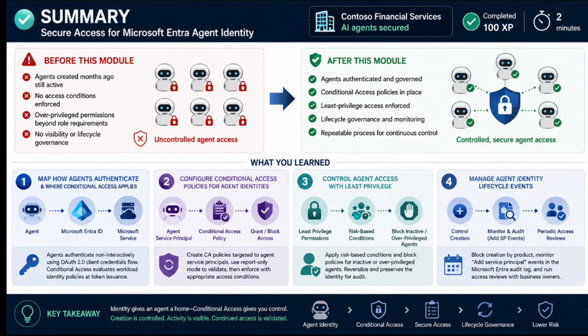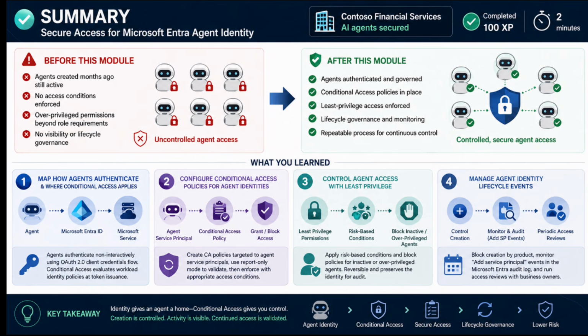The module then focuses on applying that knowledge through governance and access control. The team created conditional access policies scoped to agent service principals, first using the report-only mode to test the effects before enforcing them. They targeted specific Copilot Studio agent identities and applied conditions based on risk and business need.